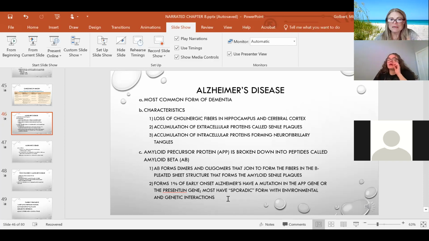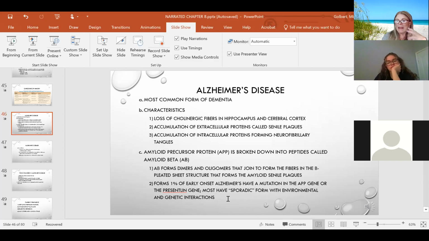So what happens is that there's a degeneration of cholinergic fibers, and cholinergic fibers mean acetylcholine as a neurotransmitter. And when those neurons are not there or they are breaking down, they start secreting these proteins that they accumulate outside, and they form what are called plaques.